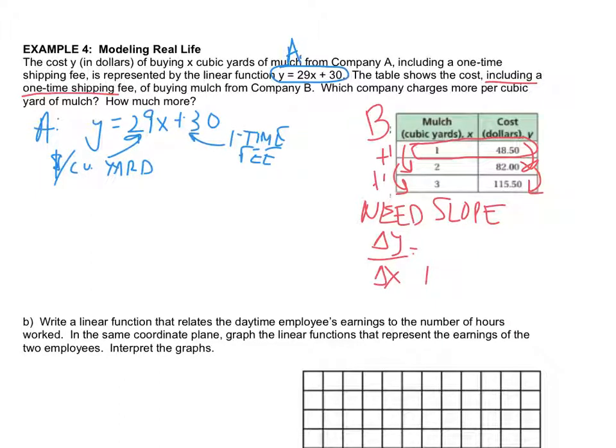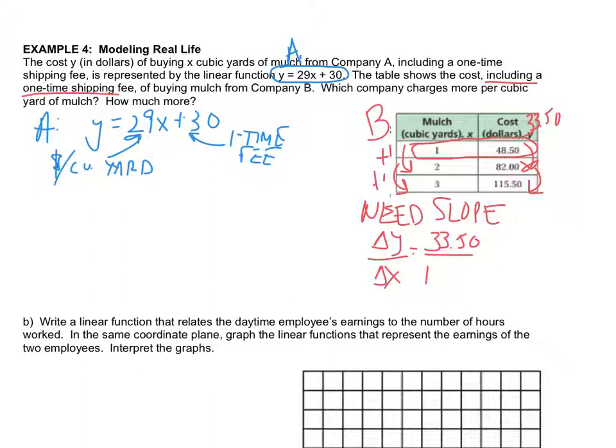These are going up by $33.50, and they go up each time. So that tells me my slope is $33.50 per cubic yard.